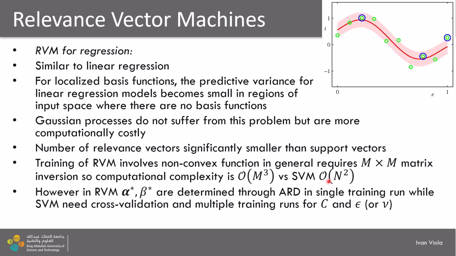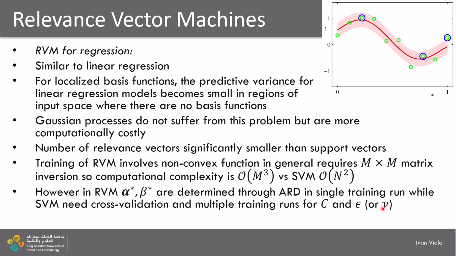So on one hand, during the training, the relevance vector machines might be more computationally costly. However, it also needs to be said that in the relevance vector machines we are determining the alpha vector star and the beta star through the automatic relevance determination as a single training run, while the support vector machines need to run cross-validation, and therefore multiple training runs are needed for determining the parameter C or epsilon or the parameter nu.